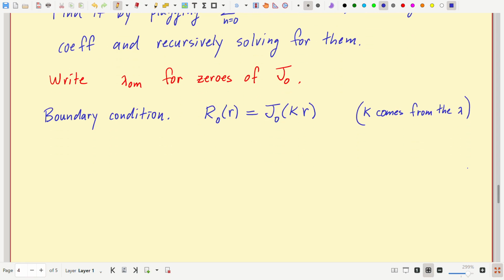Okay, so that's the radial thing. We throw away the one of the second kind because it blows up, and so we need the boundary condition. We need R0 of 1 to be equal to 0, and that's equal to J naught of K times 1. We need that equal to 0.